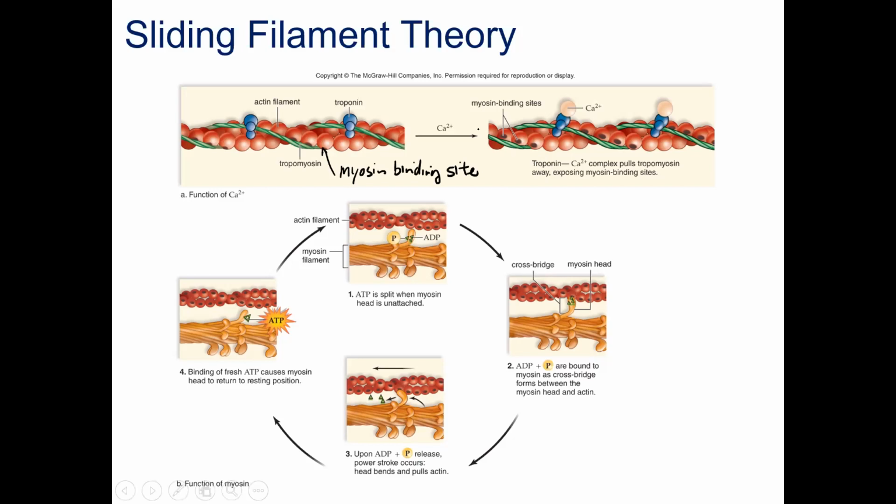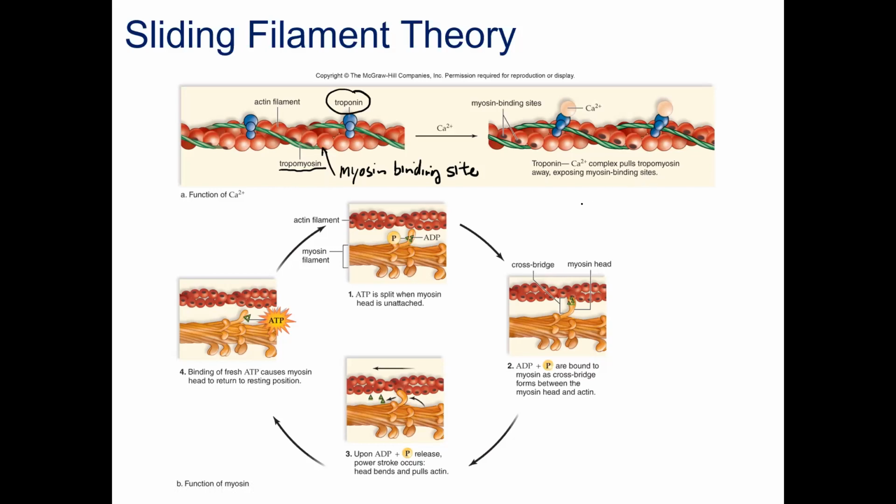In order for the myosin head to grab onto the actin, the binding site must be exposed. Right now they're not exposed because they're covered by these green vine-like structures. Those are the tropomyosin, and the position of the tropomyosin is controlled by the troponin.